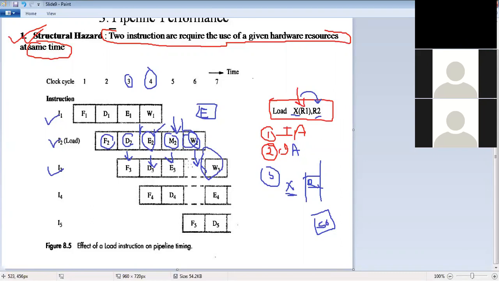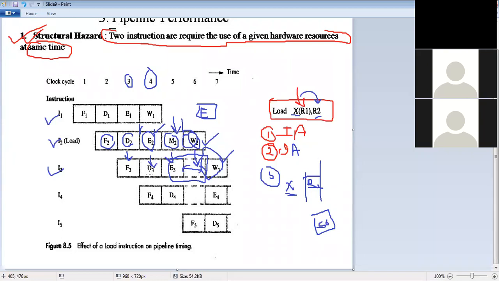Because of that, first one instruction is executed and then the other. So for instruction I3, one extra clock cycle is required, or it stalls one clock cycle because of this particular structural hazard.